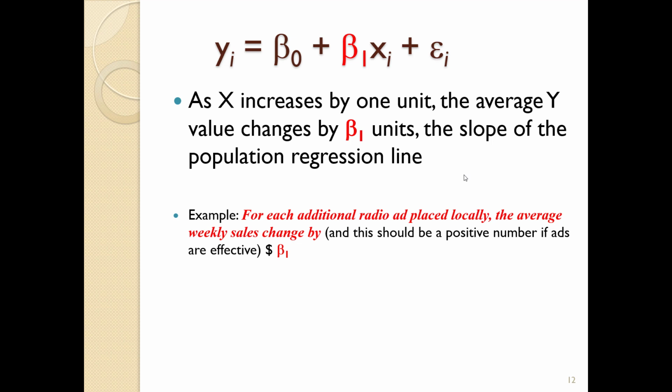So the value in our radio ad and sales context is that beta 1 represents, I run one more ad. How much on average do I expect sales to increase? Now I can compare that to the cost and trouble of running an ad. Or maybe I'm running some ads already and I've already paid for the ad. That's a fixed cost, so we're not really worried about it.